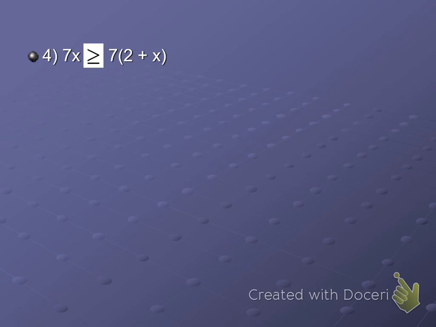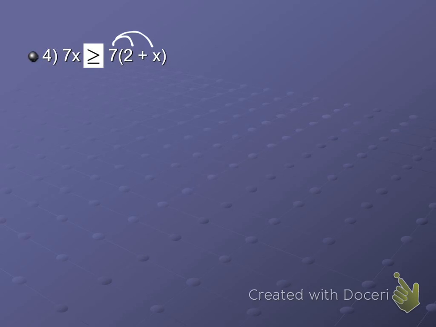All right, example 4. 7x is greater than or equal to 7 times 2 plus x. Once again, we have a problem where we need to distribute first.